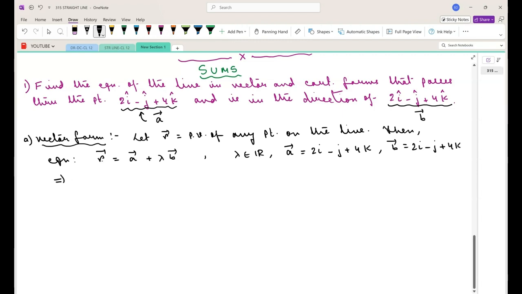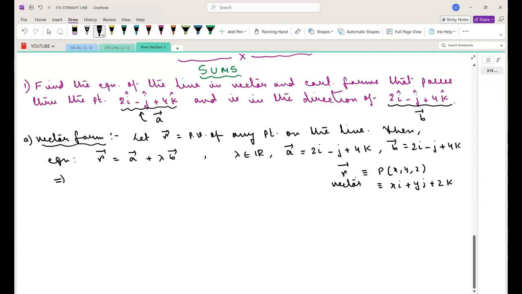So, okay, now what is r? Remember, position vector r in the vector form is equivalent to a point P with coordinates x, y, z. That means in the vector form, it is equivalent to xi plus yj plus zk.